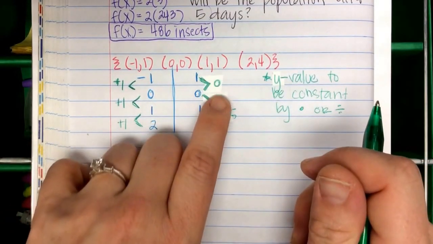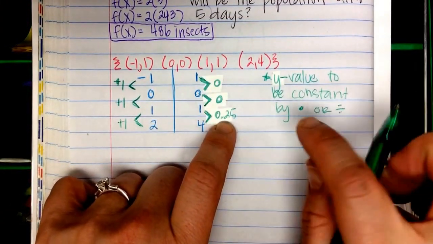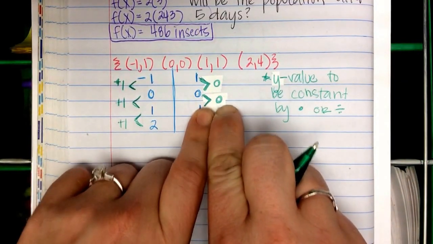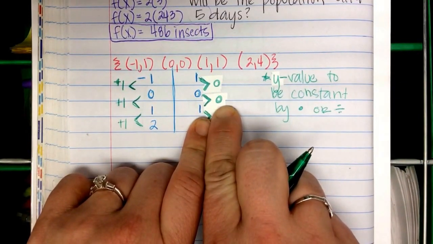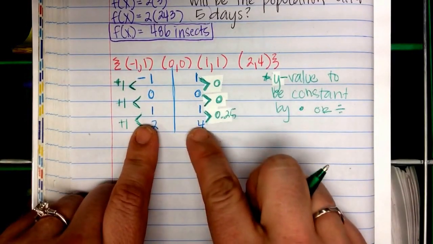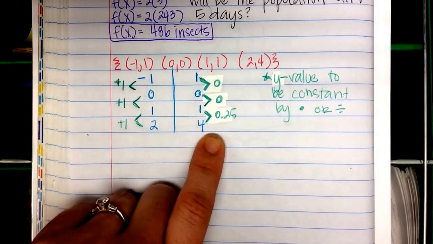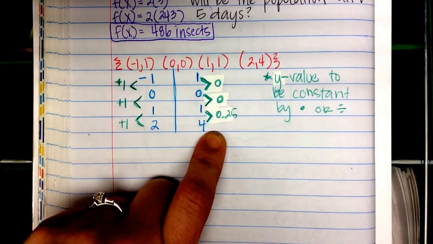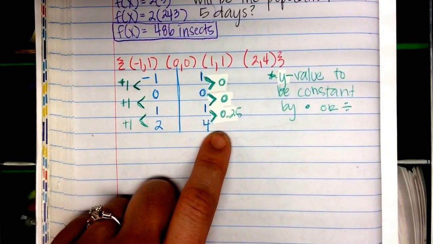So are these a constant change? No. It was constant up until here, right? But then my last value does not fit the pattern. Let's try another one.